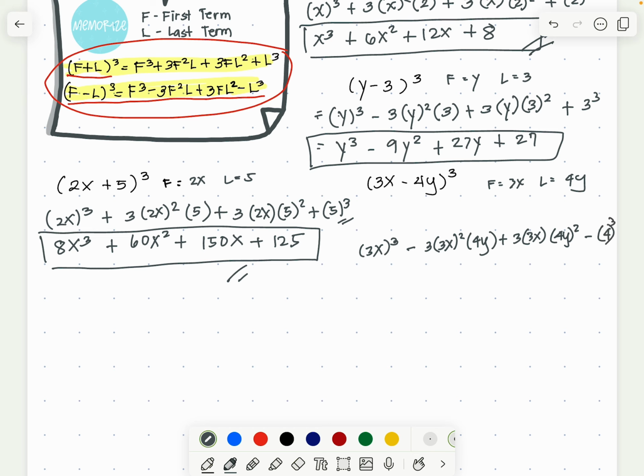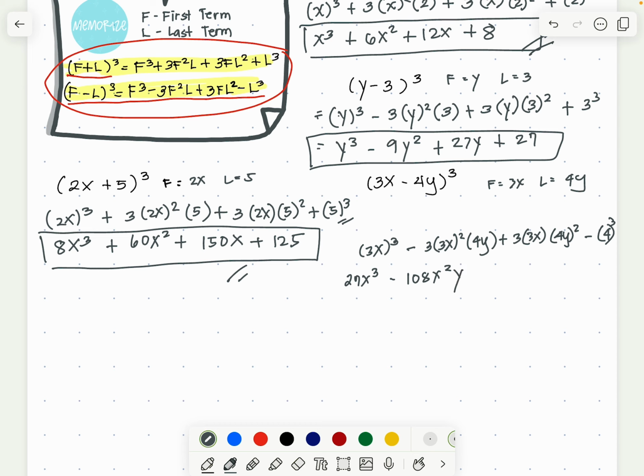So that would be 3 times 3, 9 times 3, 27x cubed. And then you have 9 times 3, so you have 27 times 4. So 27 times 4, that would be 108x squared y.